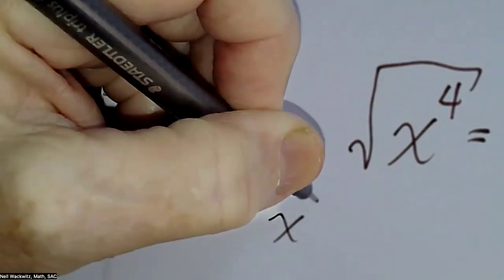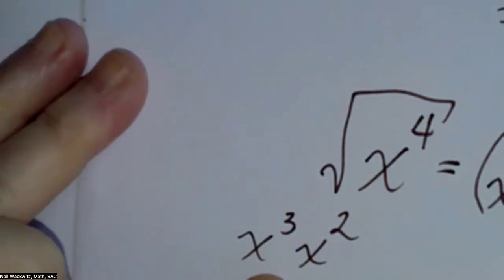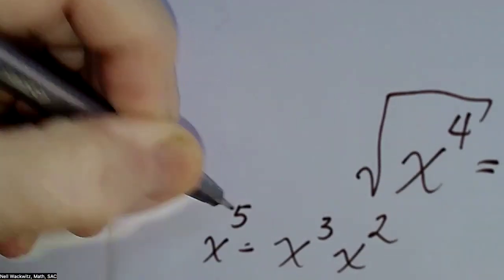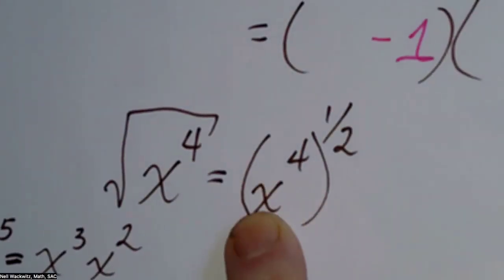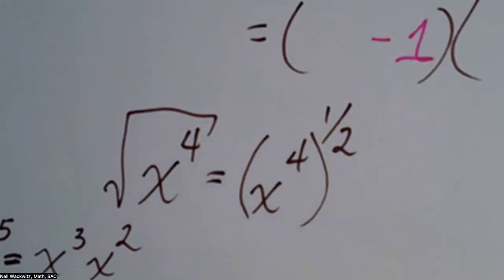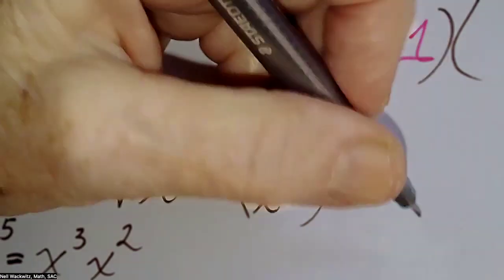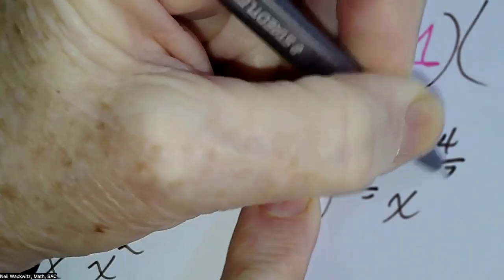Add when we have x squared, two bases, and we combine them. That would be x to the fifth. But when one base is raised to a power and raised to a power, what do we do? Multiply. Very good.